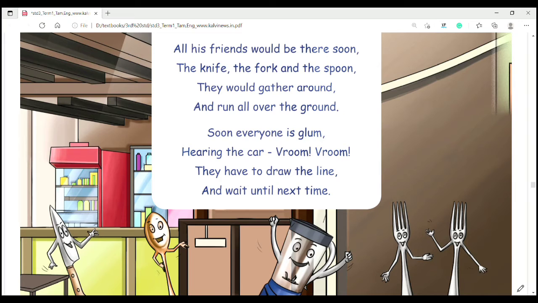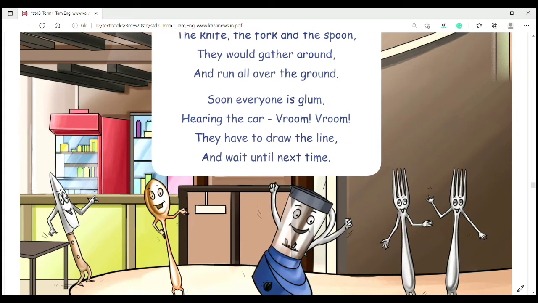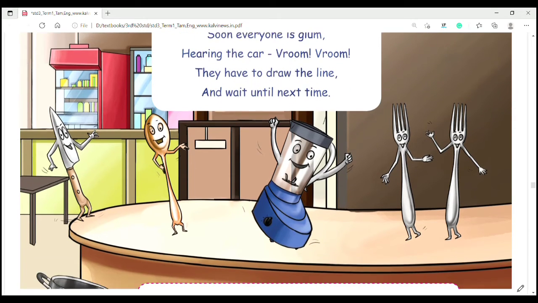They would gather around and run all over the ground. Soon everyone is glum, hearing the car room room. They have to draw the line and wait until next time.